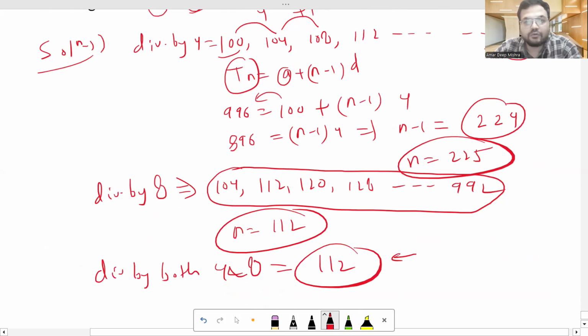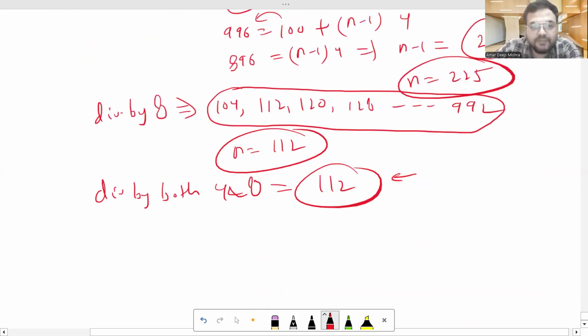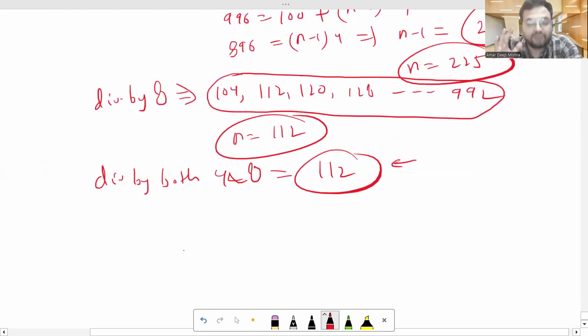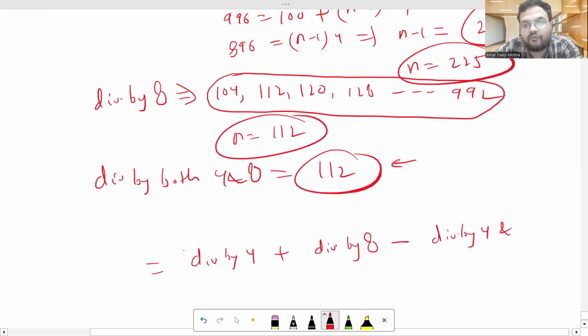Okay. So the answer for this question, the total 3-digit numbers which are divisible by 4 or 8, will be equal to the numbers divisible by 4, plus divisible by 8, minus divisible by both 4 and 8.